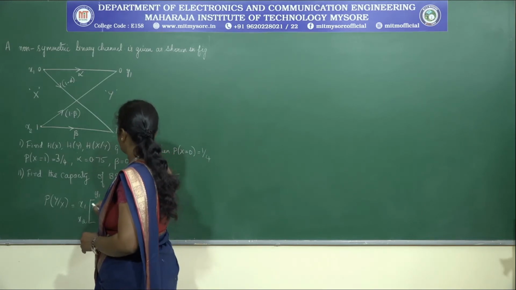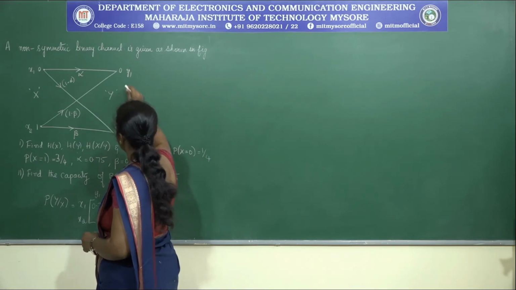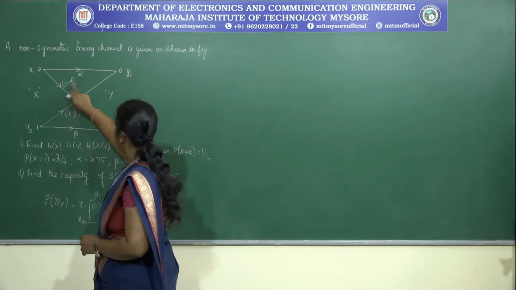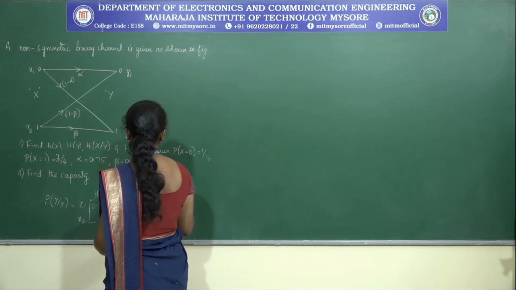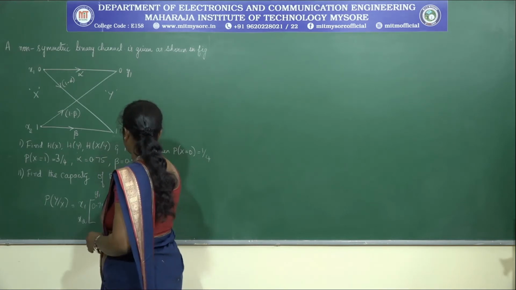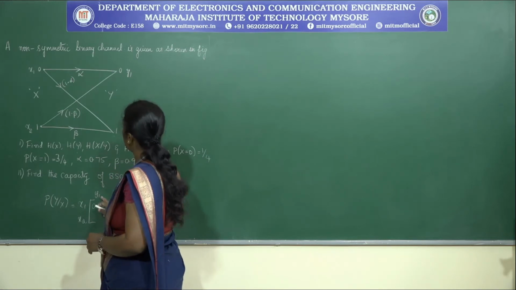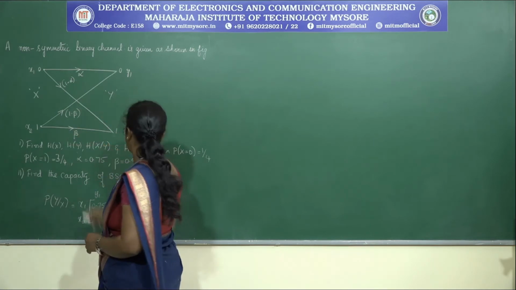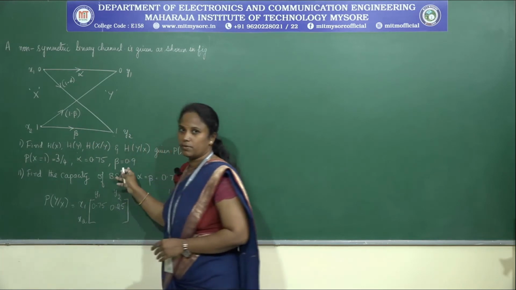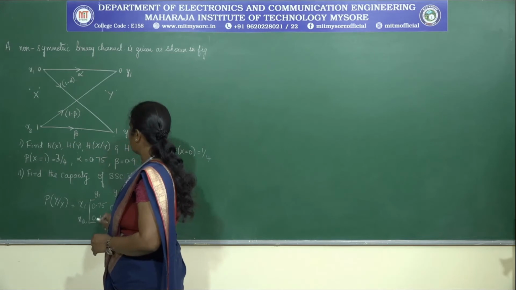Alpha is 0.75, and what is y2 by x1? y2 by x1 is 1 minus alpha, so 1 minus 0.75 will be 0.25. Then y1 by x2 is 1 minus beta, and beta value is given as 0.9, so 1 minus 0.9 means it will be 0.1.